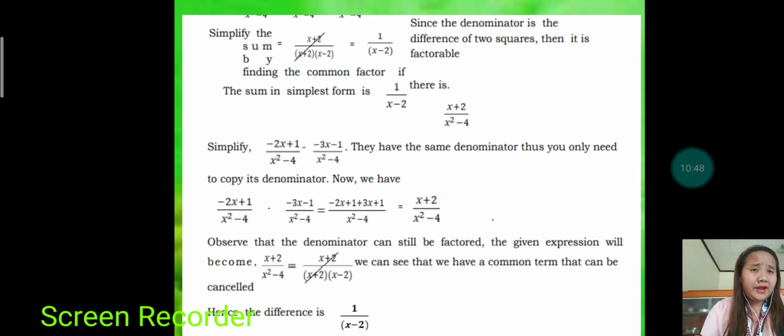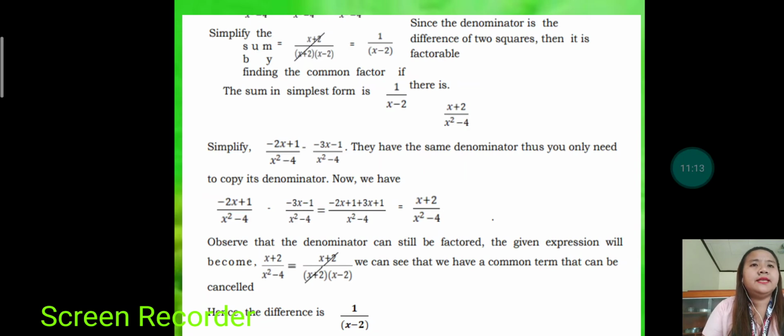So, we're going to have the factors of x squared minus 4. As I have said a while ago, x squared minus 4 in our factoring is an example of the difference of two squares. So, since it is the difference of two squares, the factors are x plus 2 and x minus 2.